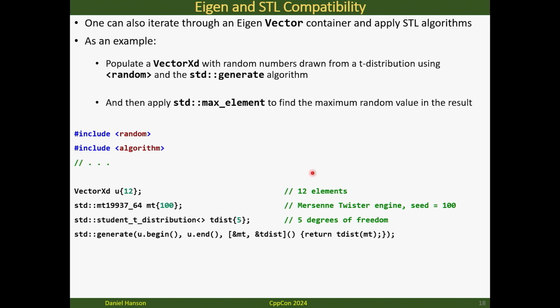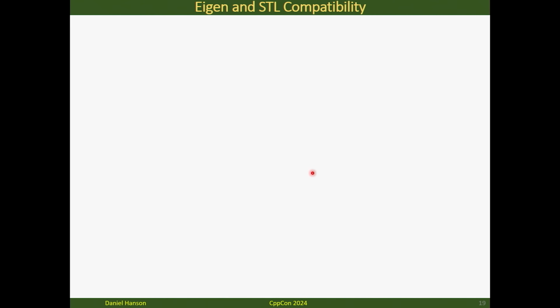So there's no difference. So begin and end are defined. You can also use std begin and std end if you wish. And then when we're done, we can locate the maximum element by applying the algorithm that you see here.